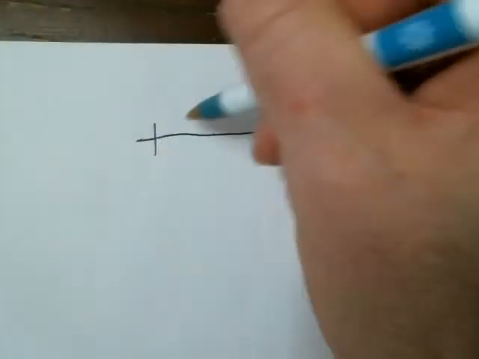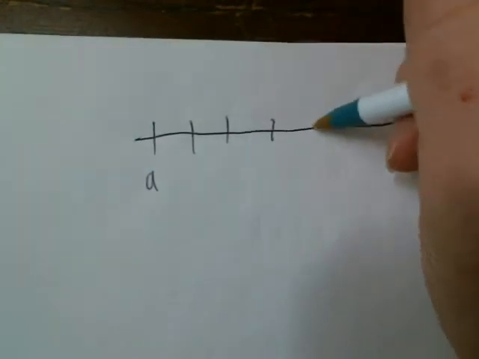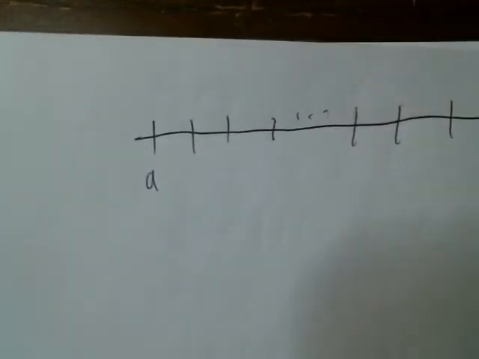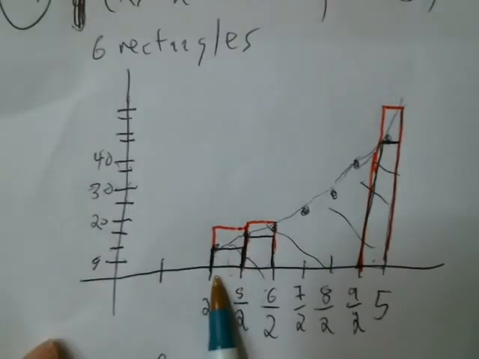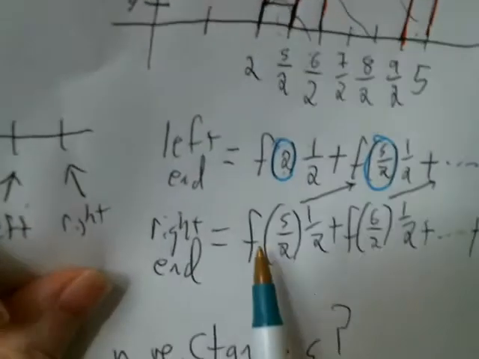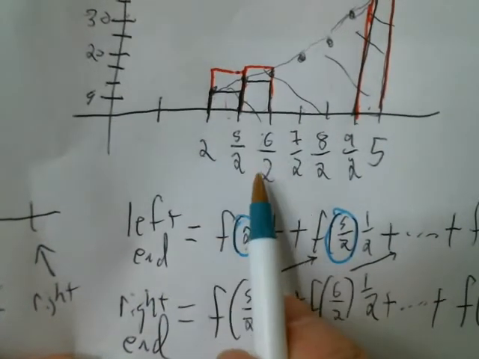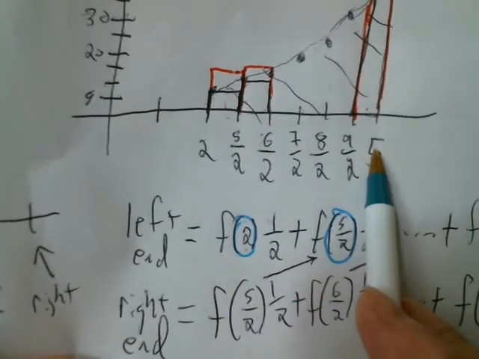The right endpoint. This time the points that we want to pick for our right endpoints, and that was with the red rectangles here, we don't want to start at 2, right? This formula, we're not plugging 2 in first. We start at the right endpoint. So we're going to want this guy, this guy, this guy, this guy, this guy, and the last guy.